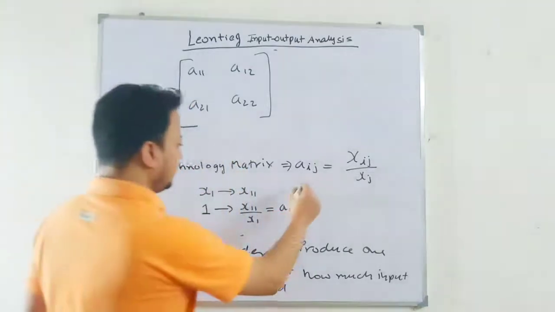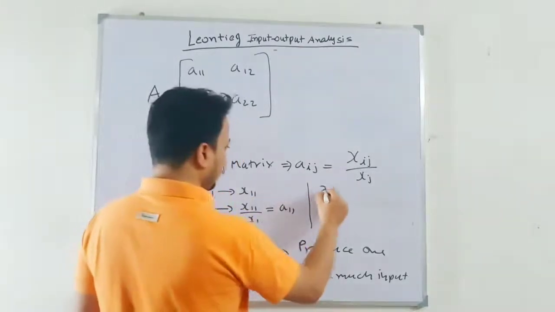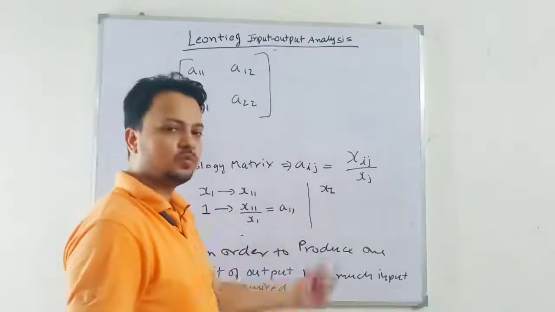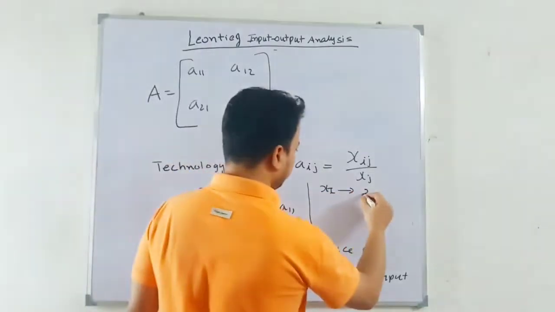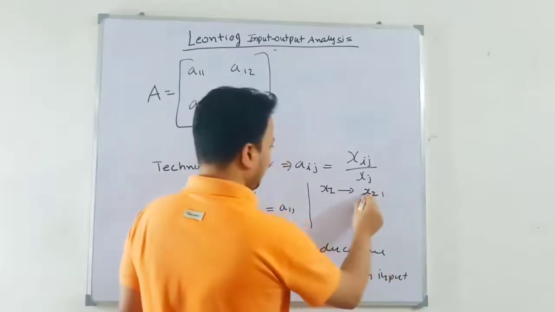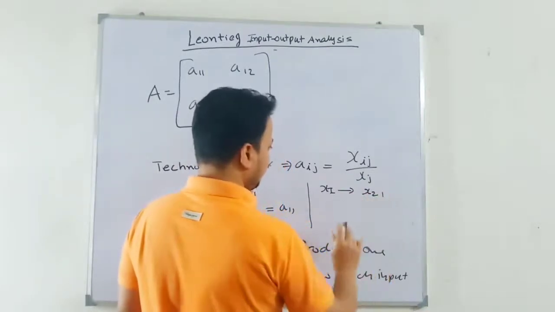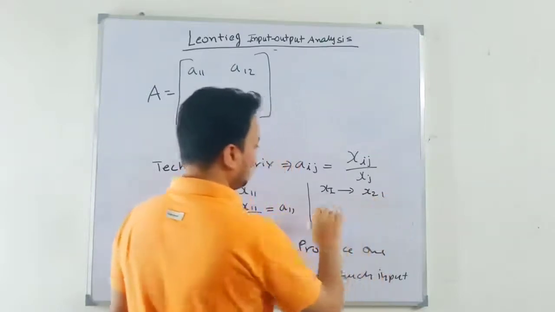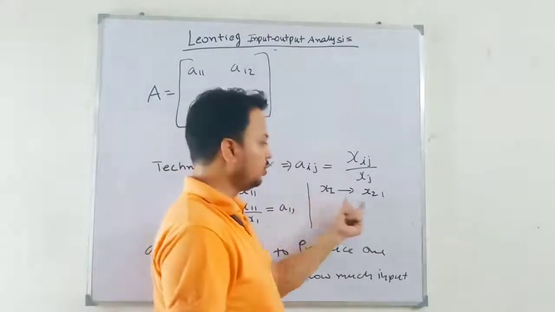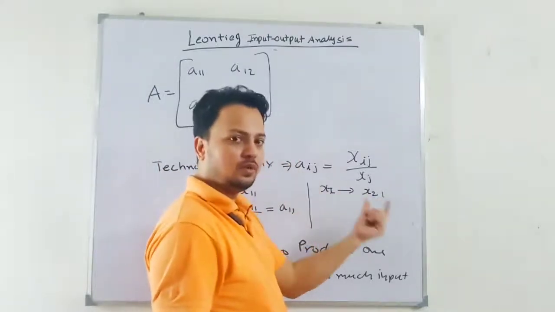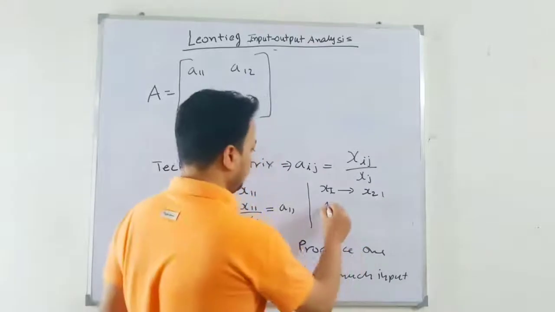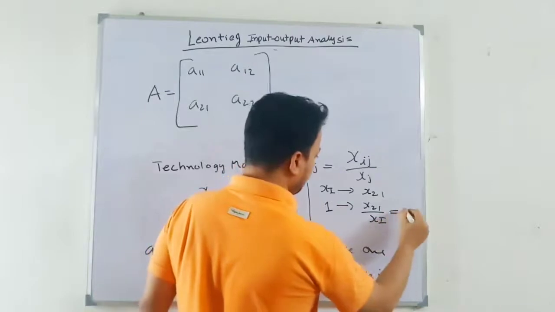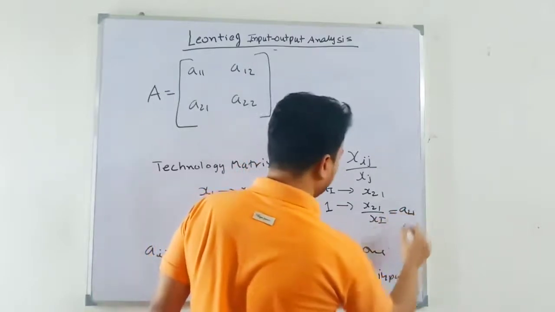Similarly, when you want to produce x1 unit of total output of industry 1, x21 output is required, used by the first industry. In order to produce this much output you require this much input from the second industry. So in order to produce 1 unit you require x21 divided by x1, this will be a21.